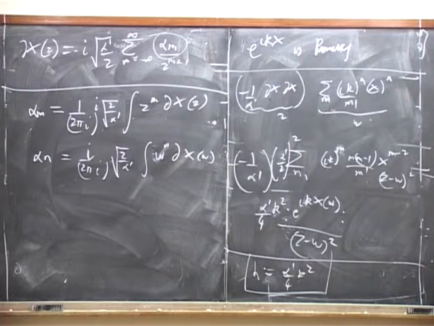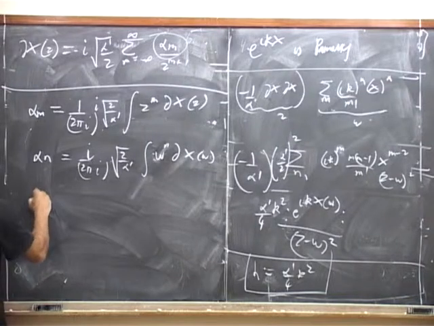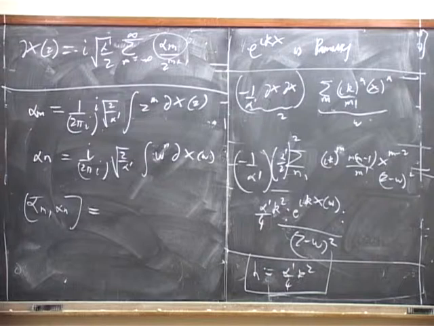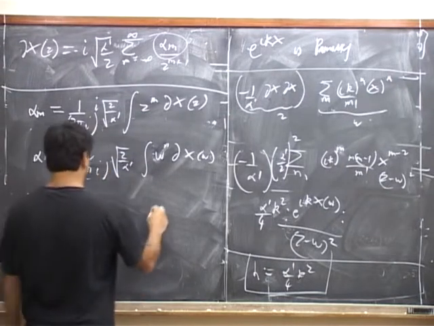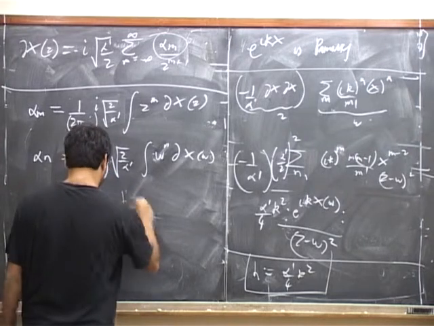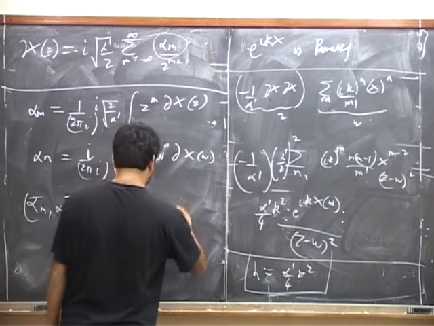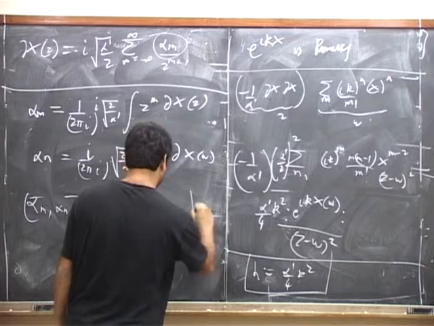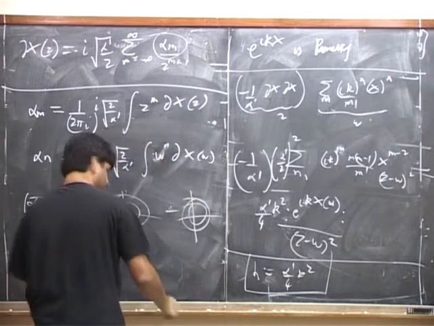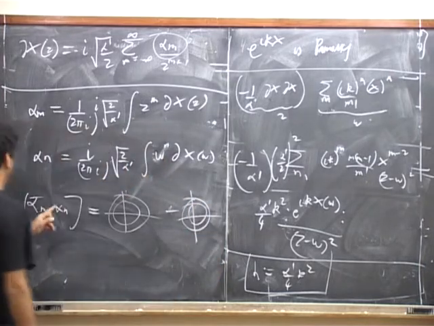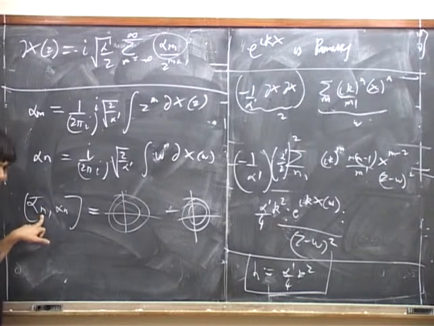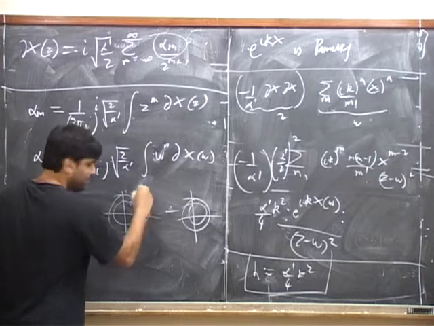Okay? Now, if I want to compute the commutator of alpha m with alpha n, what is this thing? I'll have two of these integrals. In the first expression I have m first, so inside. So this is z and w.